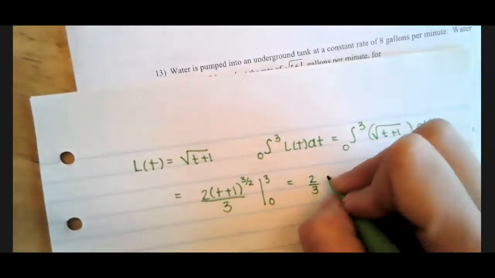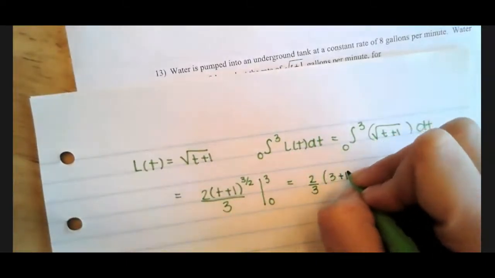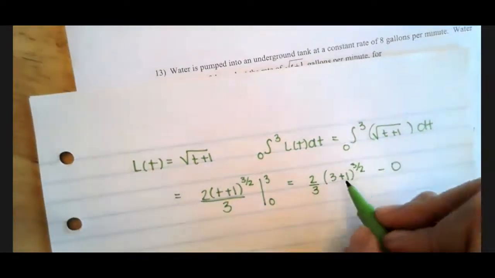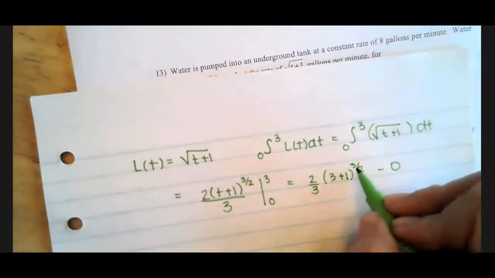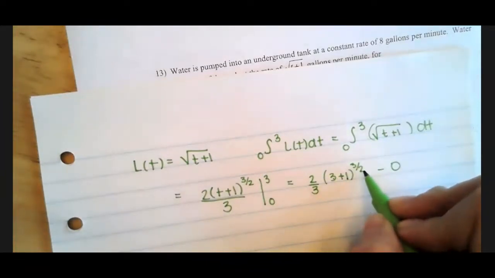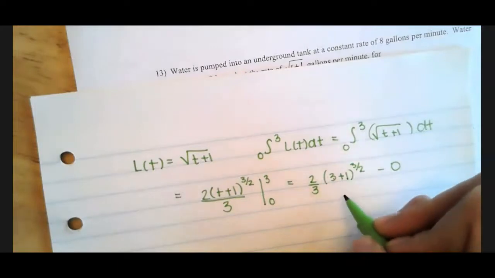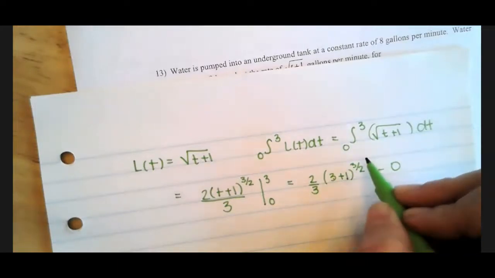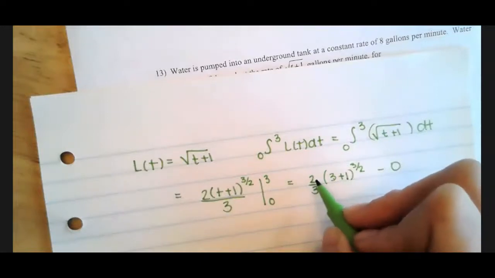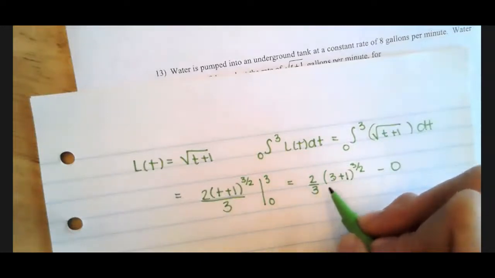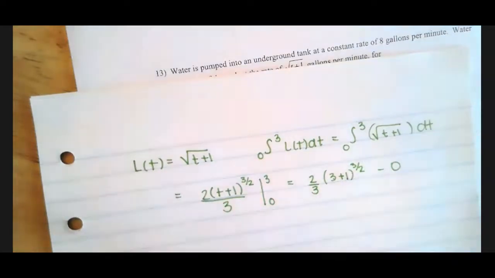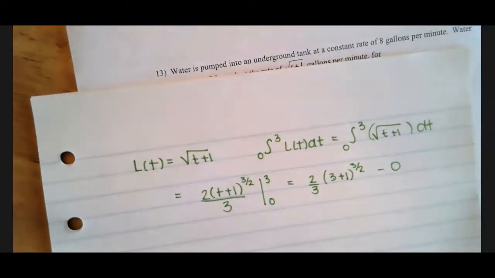So you have 2/3, 3 plus 1 to the 3/2 minus 0. 3 plus 1 is 4. The 2 in the bottom represents a square root, so the square root of 4 is 2. 2 cubed is 8. 8 times 2 is 16. Yes, 16 thirds.